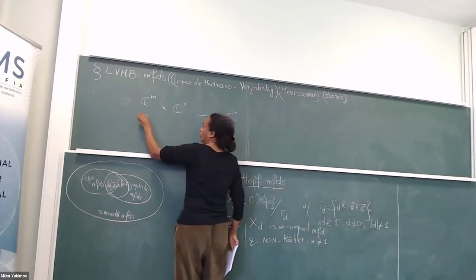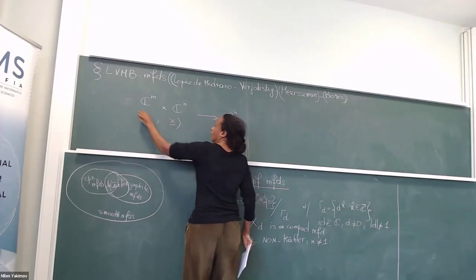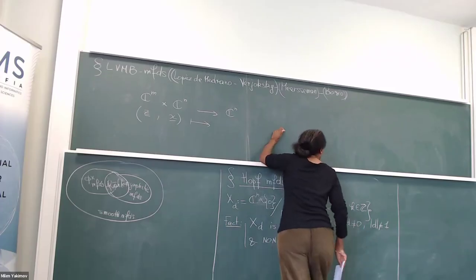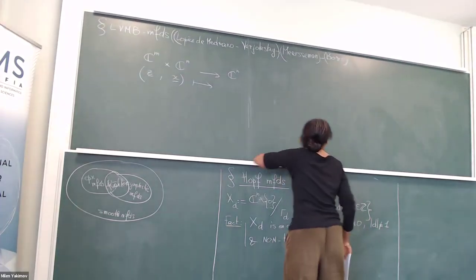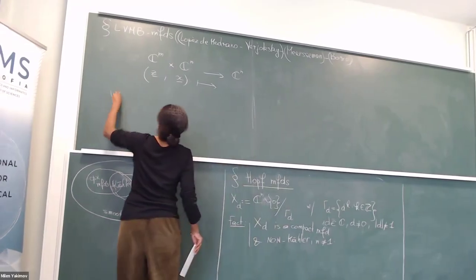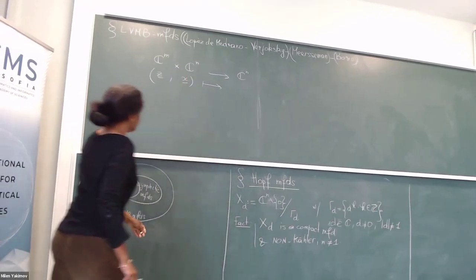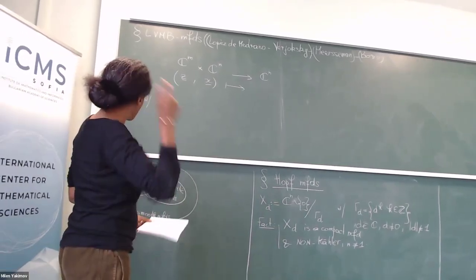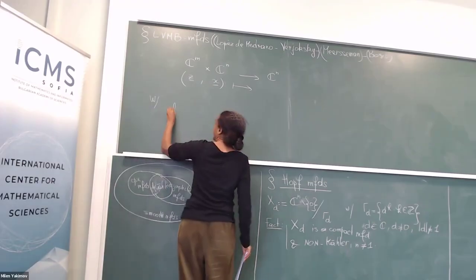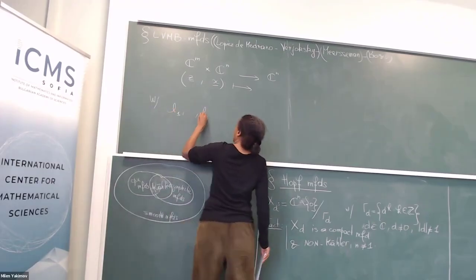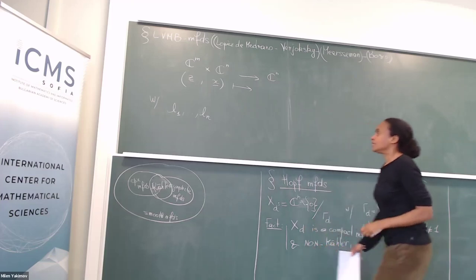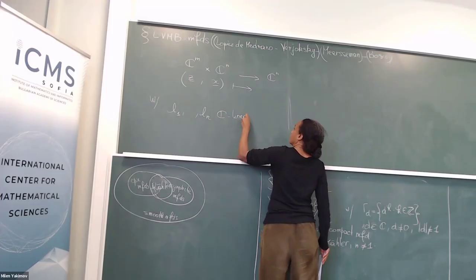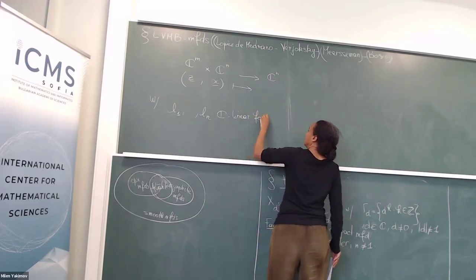So here you have an n-tuple of complex numbers. This action is given by prescribing linear forms, as many as the dimension of the manifold where your group is acting. You are given n linear forms on Cn.